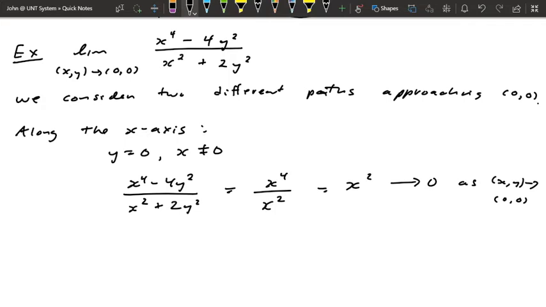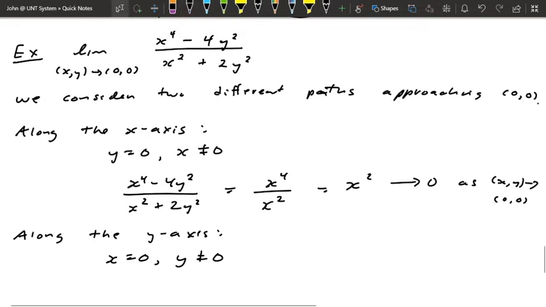Let's see what happens when we approach the origin 0, 0 from the y-axis. So along the y-axis, it's the x which is 0. And since we never consider the point 0, 0 itself, y will be not equal to 0.